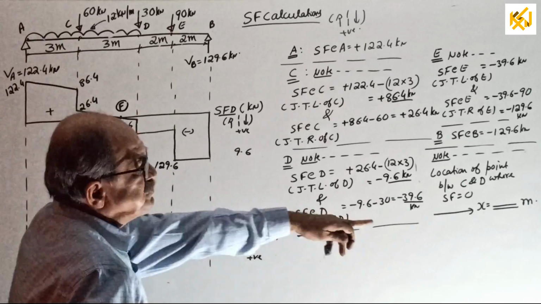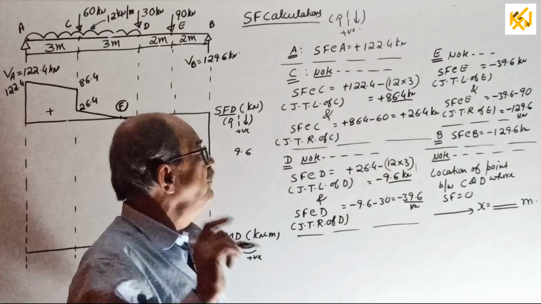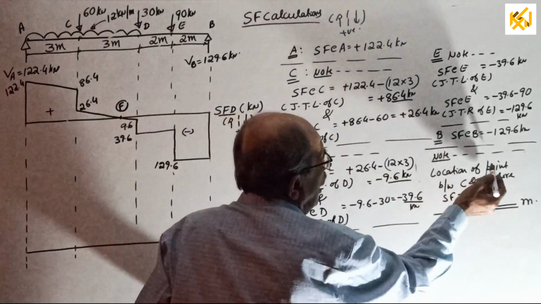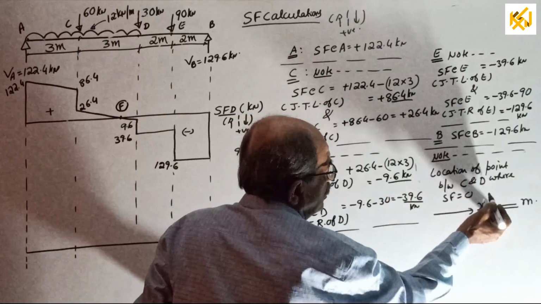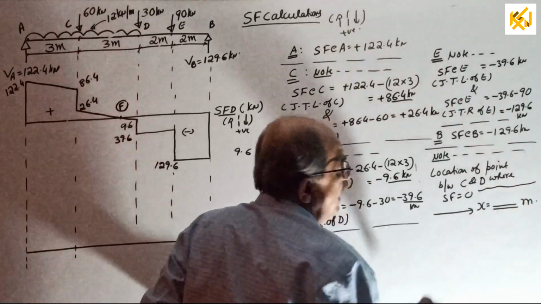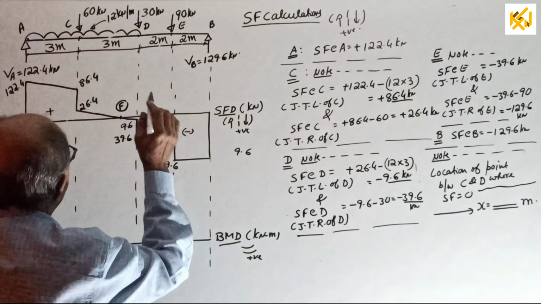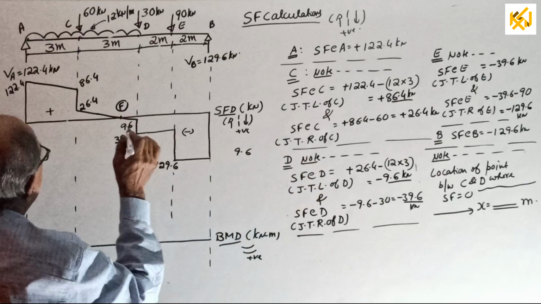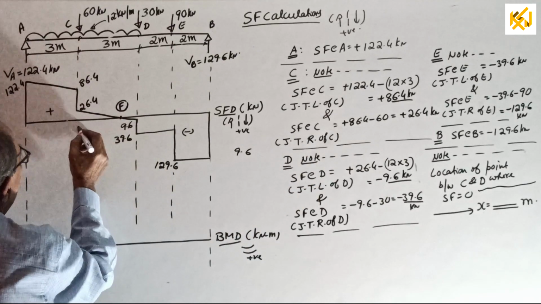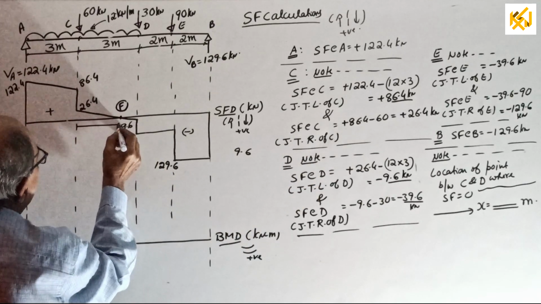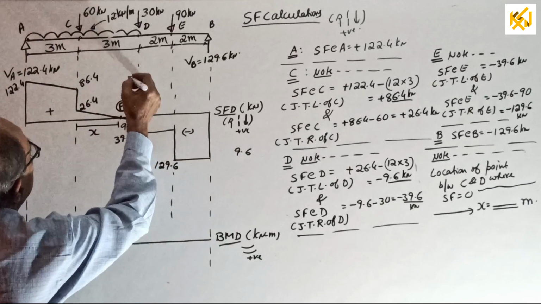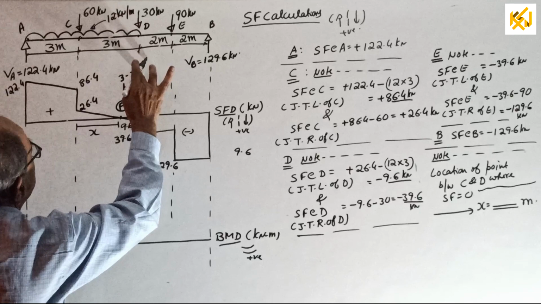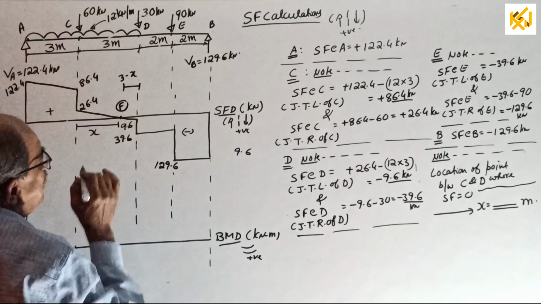Today, there is no space to write, so I am dictating. Location of the point between C and D where SF is 0. Let that point be F. At any distance, at X from here. If that is X, this will be 3 minus X. Now, this point you have to locate.